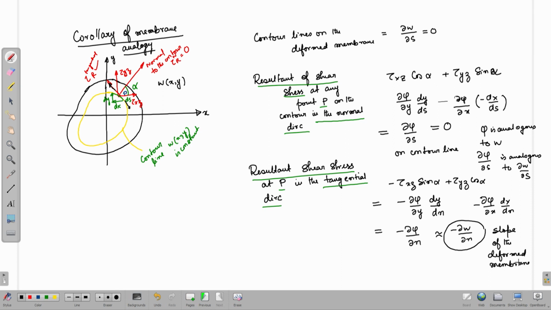Therefore, we can say that the resultant is analogous to the slope of the deformed membrane.